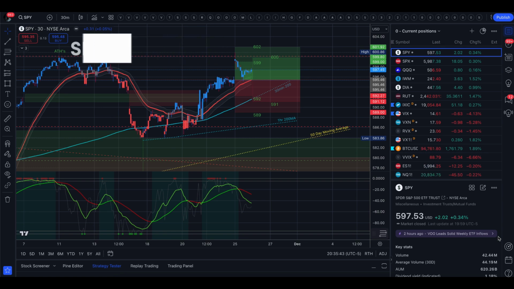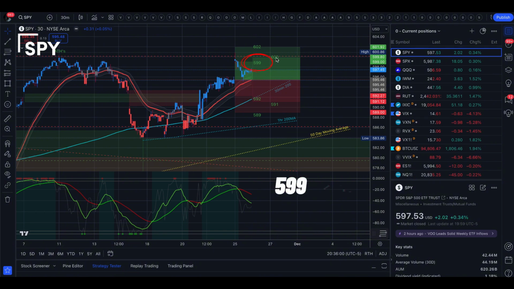So SPY today opened with a gap up, and the top of the implied move was 599, and the top of the implied move on Tuesday's contract was 600. So at open, if you had orders in for 599, 600 bear call spreads.